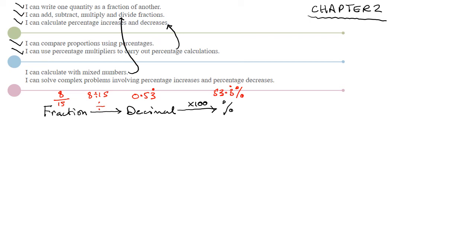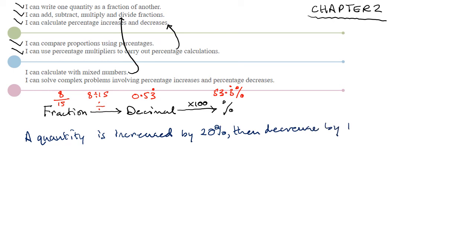I'll give you an example. Let's say we had a question that said a quantity is increased by 20%, then decreased by 10%.